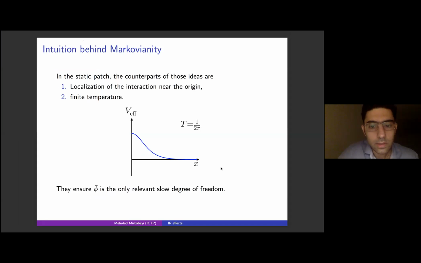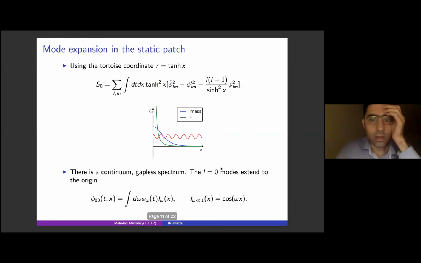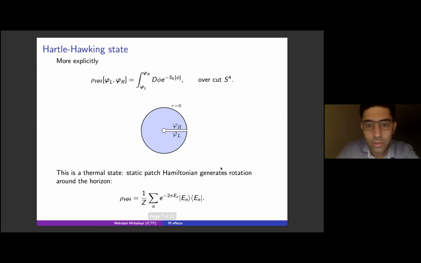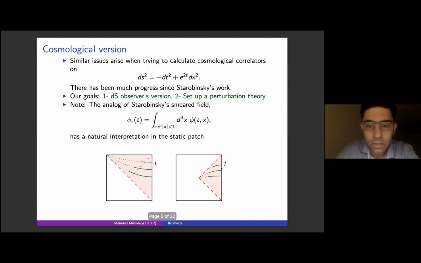Can you see? Yes. Oh, okay. So I basically try to study the same problem as the one that Matt described, except that I tried to study it in the static patch of the de Sitter, while Matt was studying, or I think almost everyone studied it, starting from Starobinsky, in the expanding patch of de Sitter.